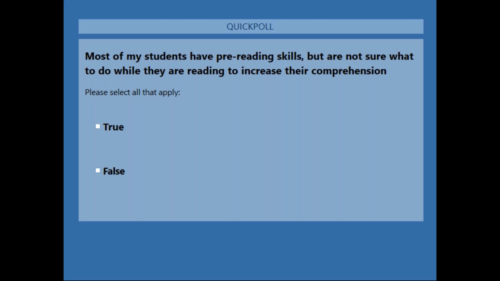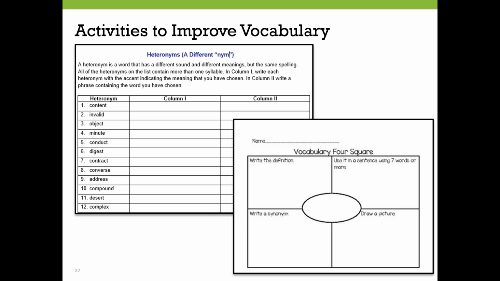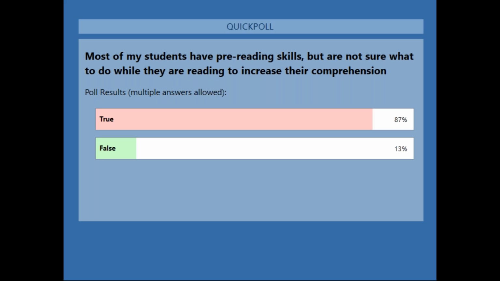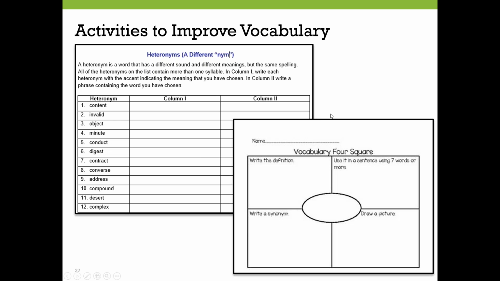And as I look at that, I'll close the poll. And what are the results? True. So yes, they have some pre-reading skills, but when it comes to the actual reading, what am I supposed to do? So let's talk about some things that they can do.